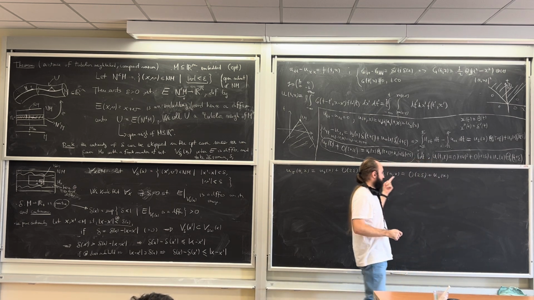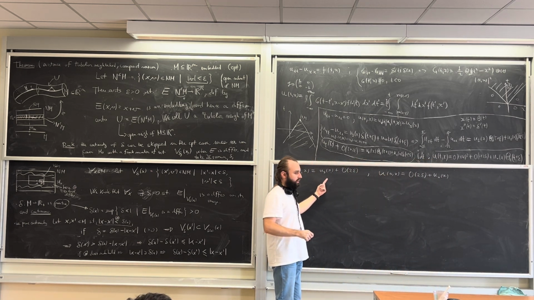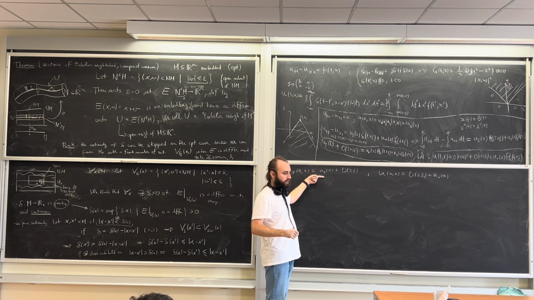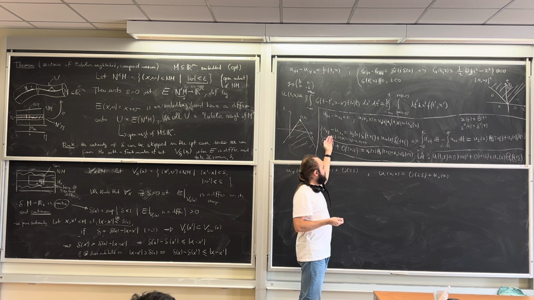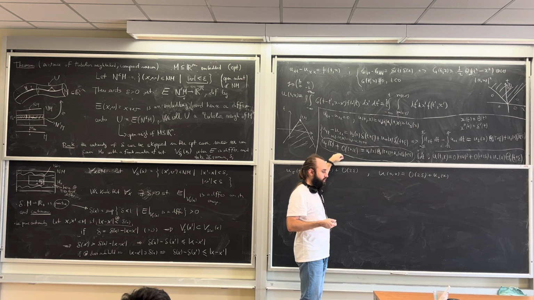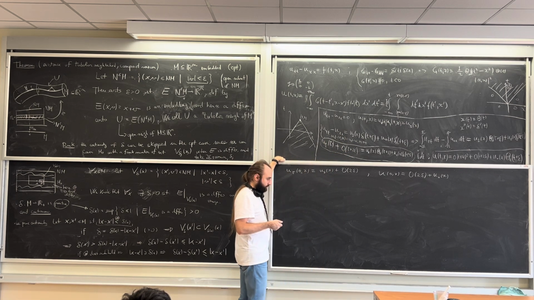Now we send epsilon to 0 and get what we wanted. So the initial conditions are correct, and then we have a solution of this equation for all times.